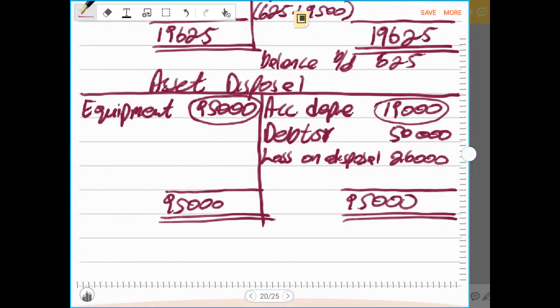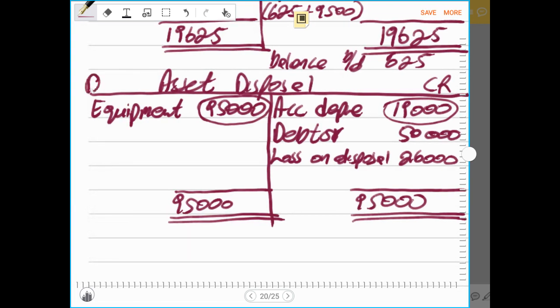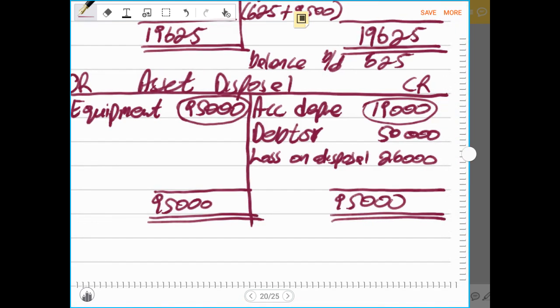So now whenever you have a ledger account that has many items on one side, or one item or two or three items, just record all of them, then you take their total. If you see here, we have the credit side. Remember, credit side is always on the right hand side and debit side is always on the left hand side. So now the asset disposal ledger account is credited by three entries: accumulated depreciation, debtors or a debtor, and loss on disposal.